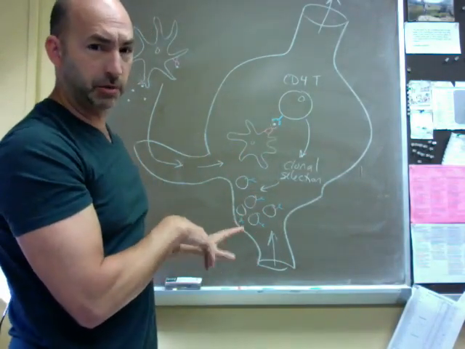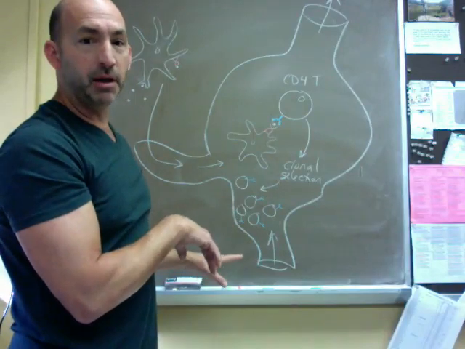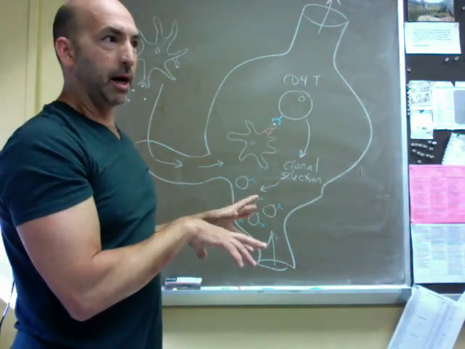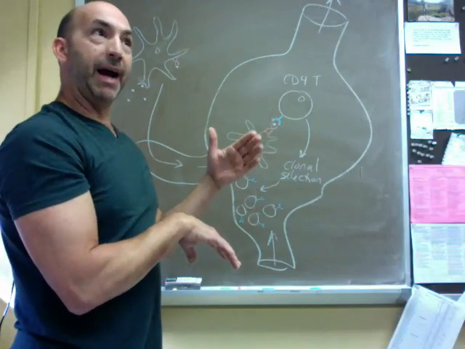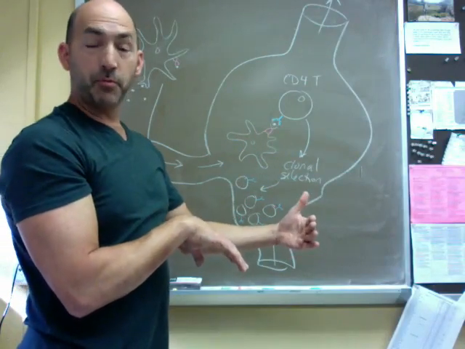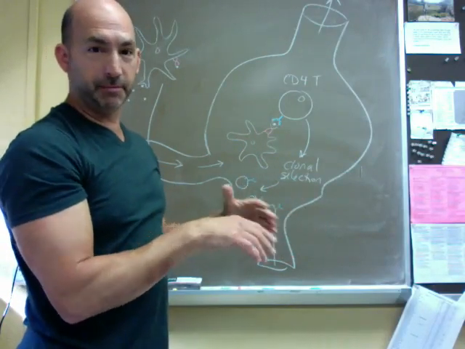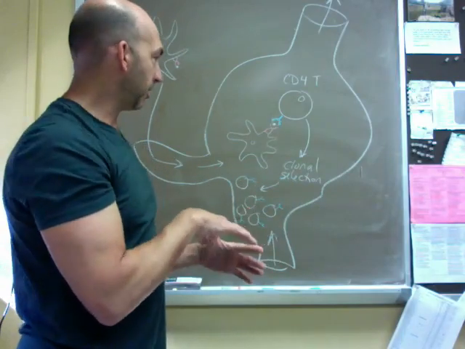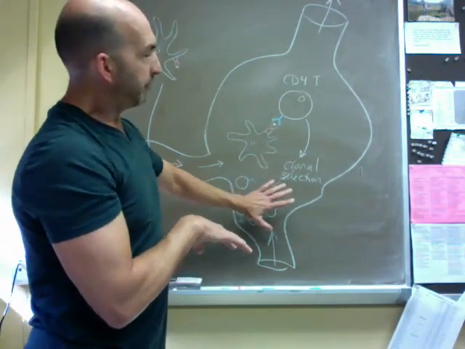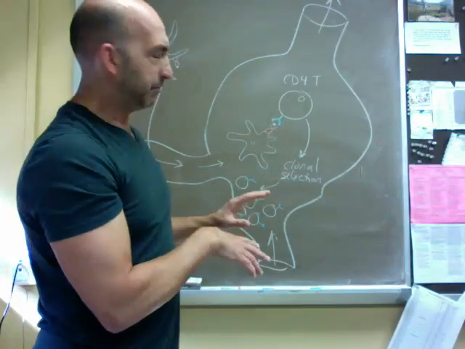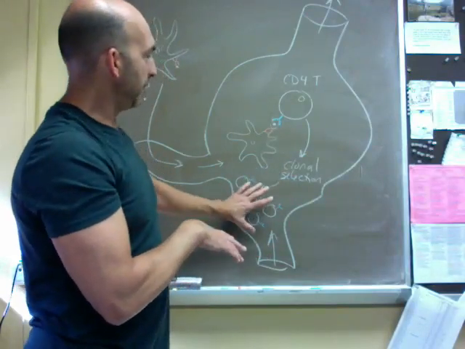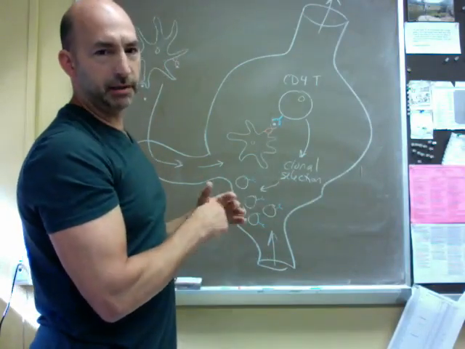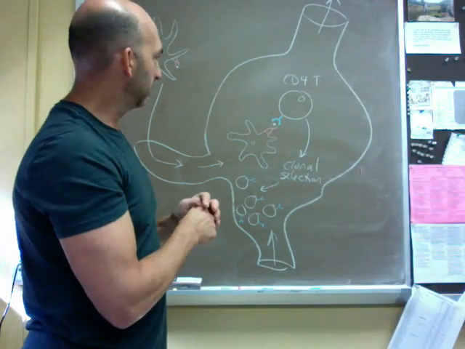In other words, they're helping to make the immune response happen by activating portions of the innate system, right? Remember that interplay we've got between the two systems here, right? But again, one of the key roles is to help activate the B cells, okay?